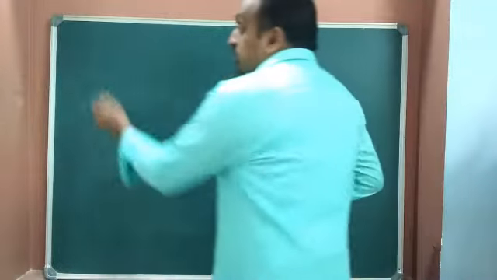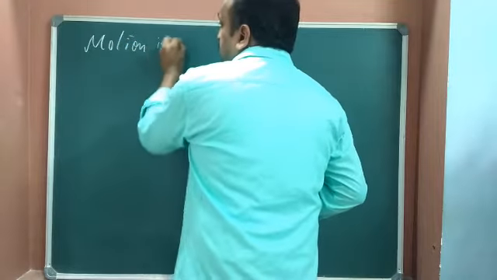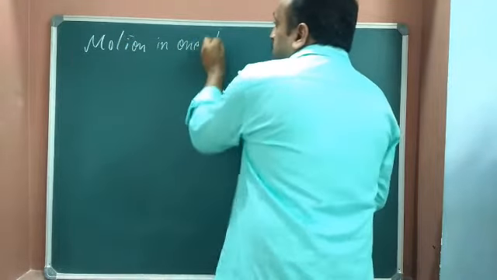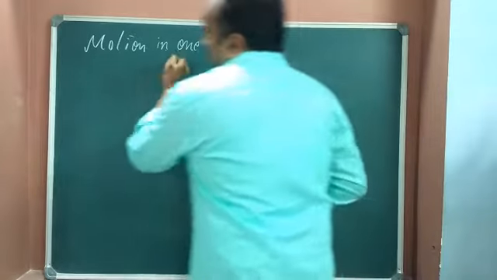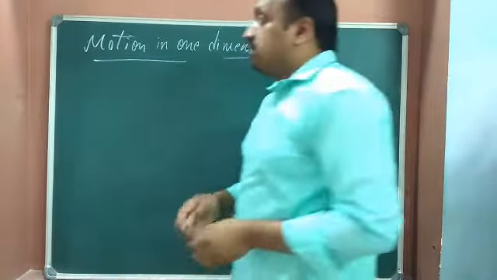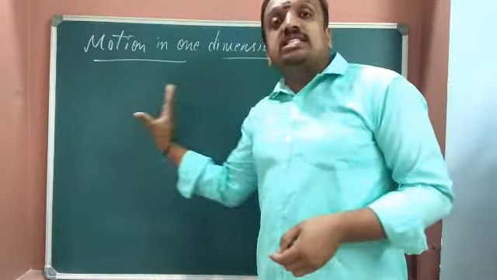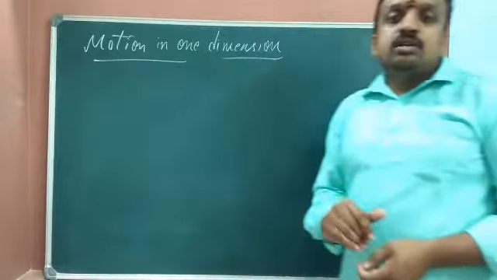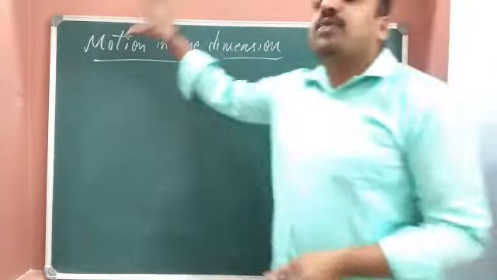Now, motion in one dimension. If the object is moving in a straight line, that motion is called motion in one dimension.